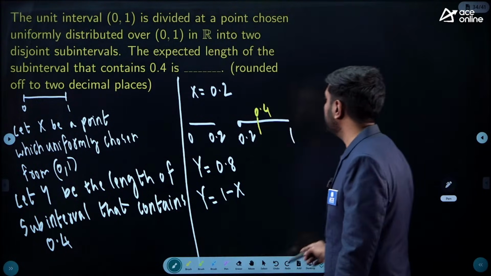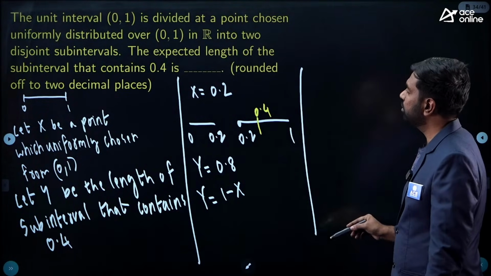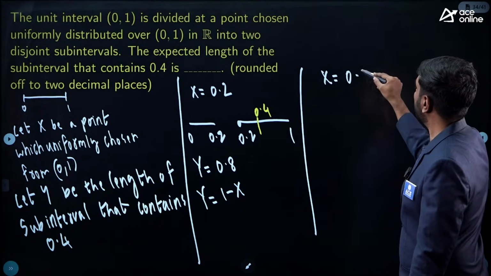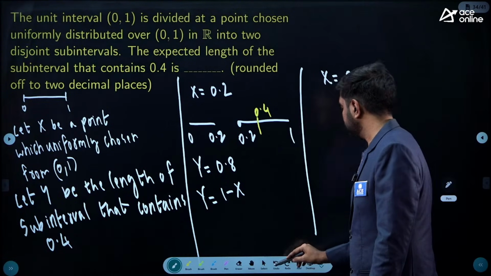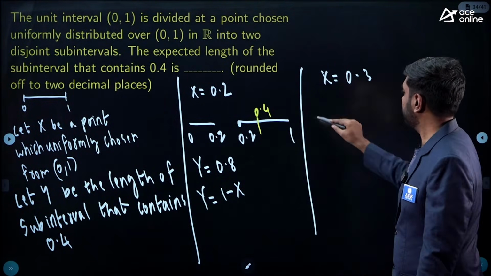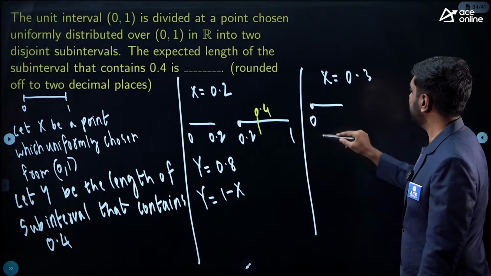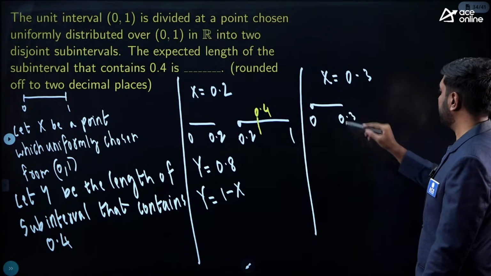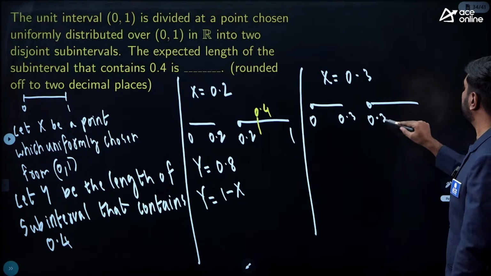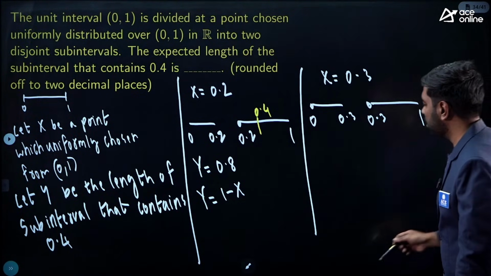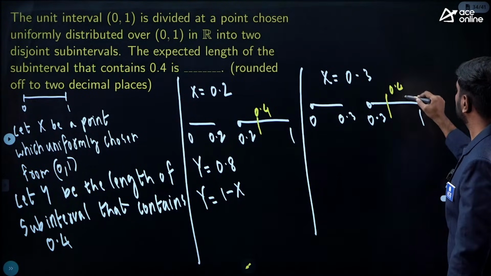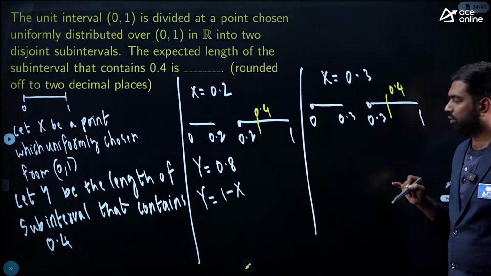Maybe I'll go for a few more x values. Let me take 0.3. Then where will you break the interval? I have to break at 0.3. One interval would be 0 to 0.3 and the other interval would be 0.3 to 1. Which interval will I be interested in? Again this interval, because this is the one which contains the value 0.4.